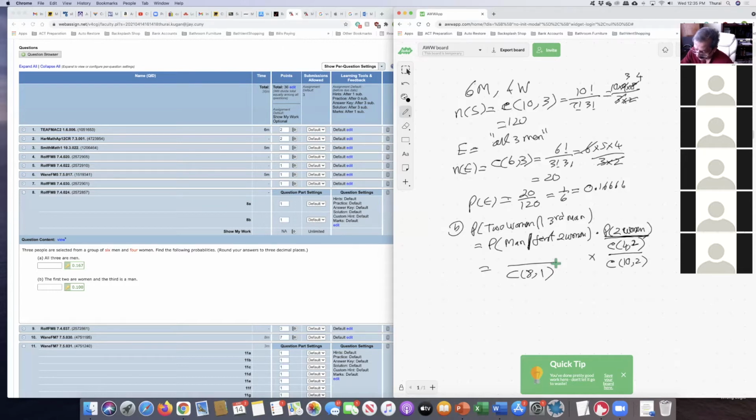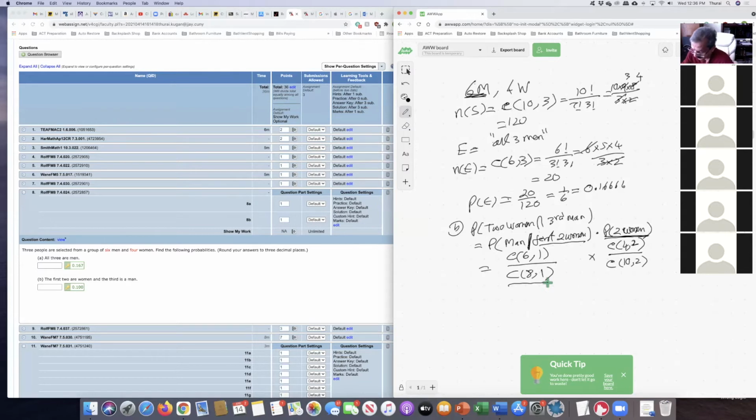And that one has to be a man means he has to come from 6. All 6 men are there because the first 2 were women. So given first 2 were women means all men are there. So the number of ways of getting 1 man from the men would be C6, 1. From the 6 men, 1 has to come out of it. But the denominator is C8, 1 because you're selecting 1 from all 8 people.